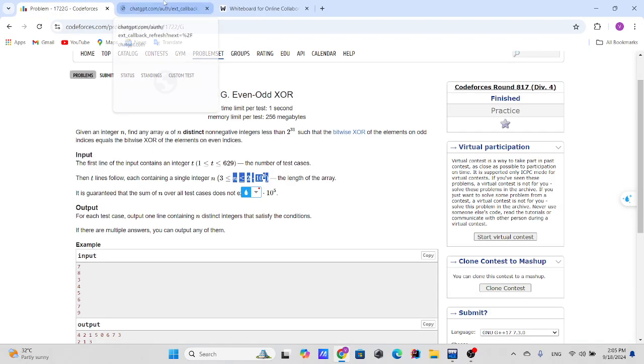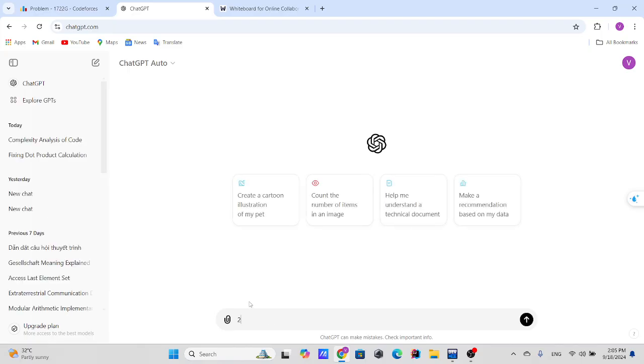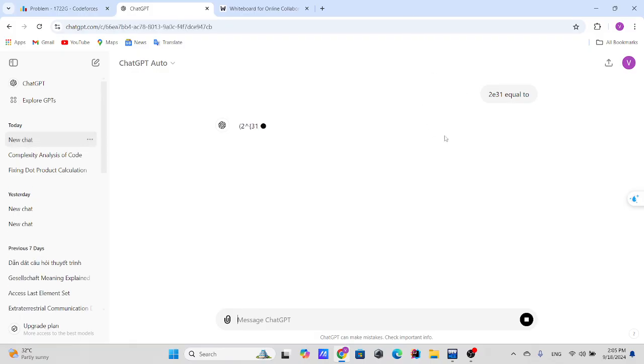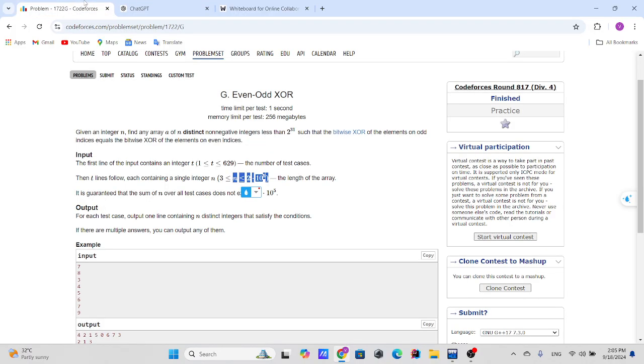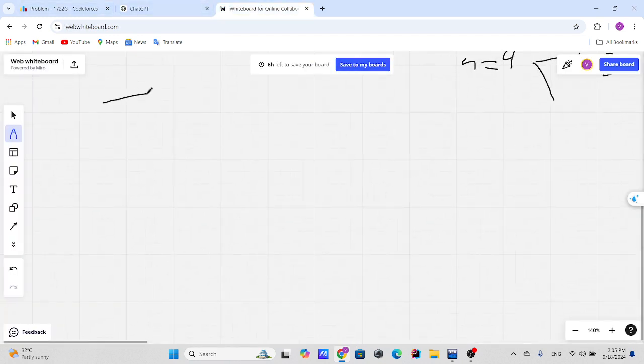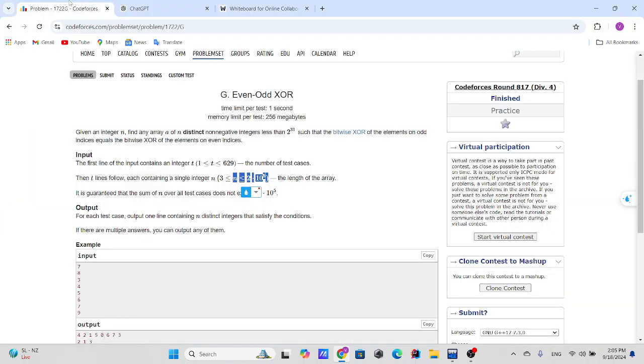I think it's like 10 power 9, right? Yeah, it's 10 power 9. So how can we actually do this one? Each array would consist of 10 power 5 numbers? Really? I don't think so.